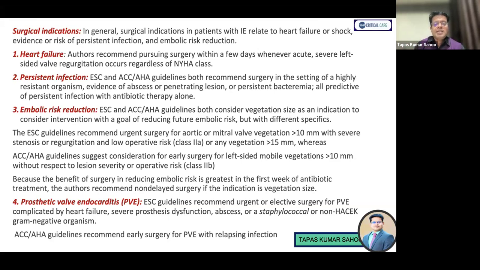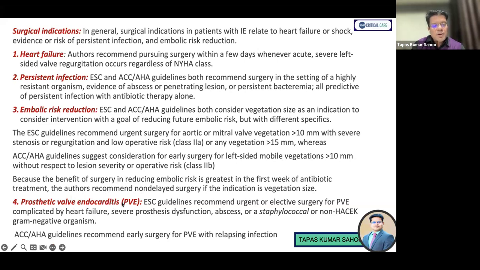The American guideline suggests that you should go for early surgery for left-sided mobile vegetations more than 10 millimeter without respect to lesion severity or operative risk. So if you are getting a left-sided mobile vegetation more than 10, go for early surgery.